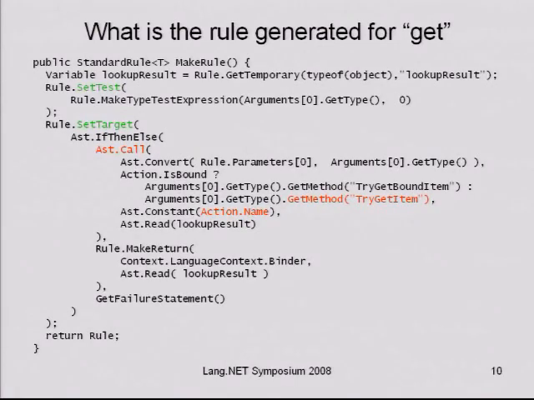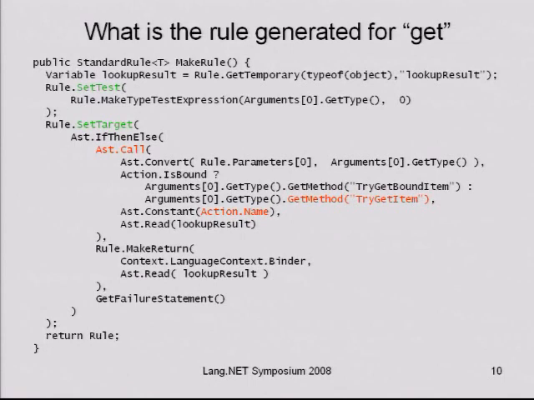So the hook that we plant is to a method called try_getItem, which is again on the JScript runtime on the JS object. And we pass to try_getItem X, which is what we wanted to get, and a temporary variable. The return value of try_getItem, which is Boolean, we use that to decide on whether to take the then clause of the if statement or the else clause.